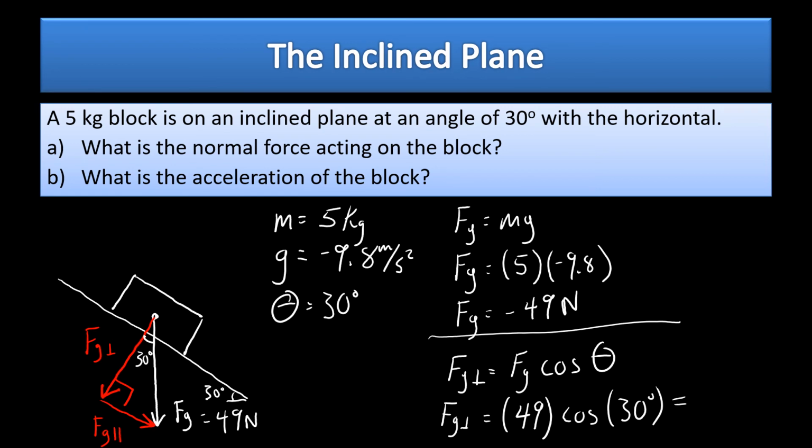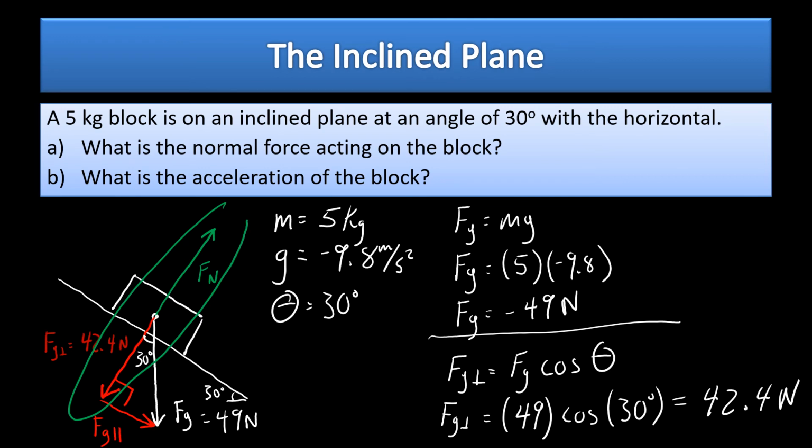So the perpendicular component of the weight is equal to 42.4 newtons. So not all of the weight, just a part of it. Not 49, but only 42.4. Let me rewrite that. Now we are ready to find the normal force, because the perpendicular component of the weight is what is balancing out the normal force.